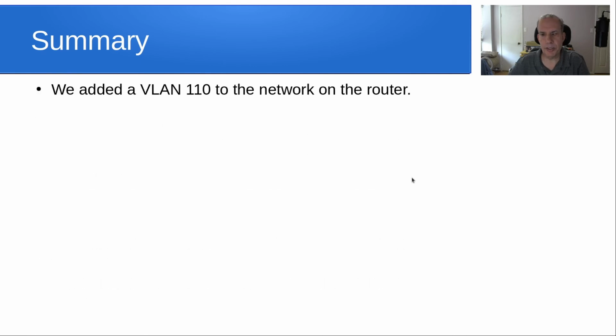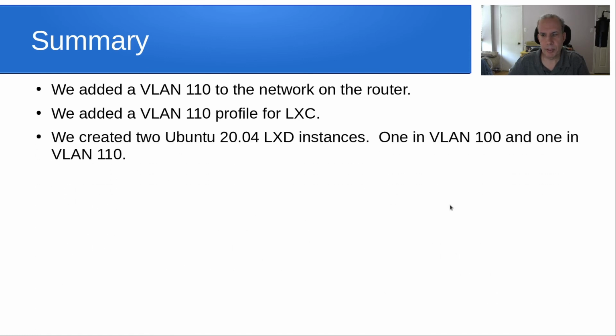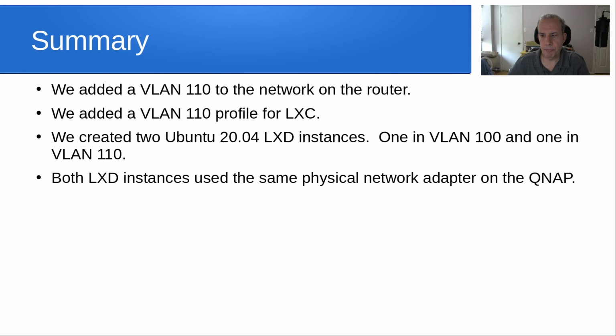Okay, so in summary, we added a VLAN 110 to the network on the router. We added a VLAN 110 profile for LXC at the LXC command line. We created 2 Ubuntu 20.04 LXD instances, one in VLAN 100 and one in VLAN 110.